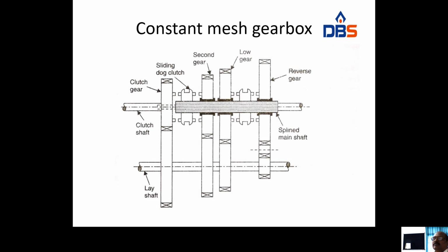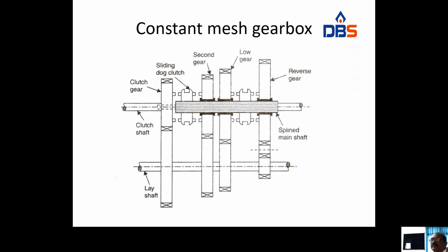So this is the diagram of the constant mesh gearbox. Here also there will be a clutch shaft. The clutch shaft is attached with a gear to the lay shaft.